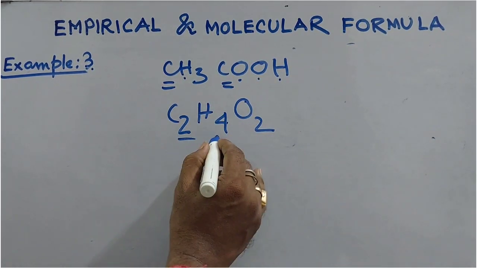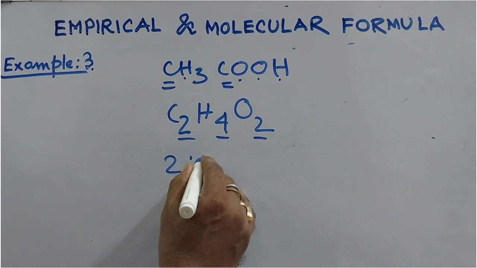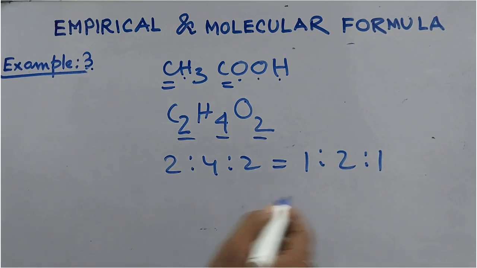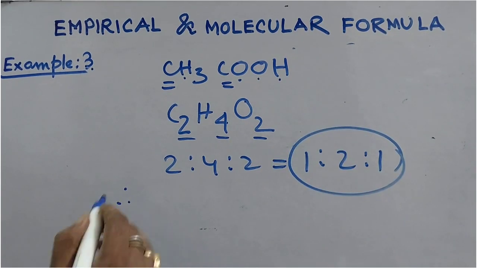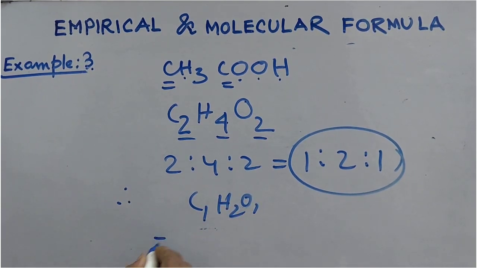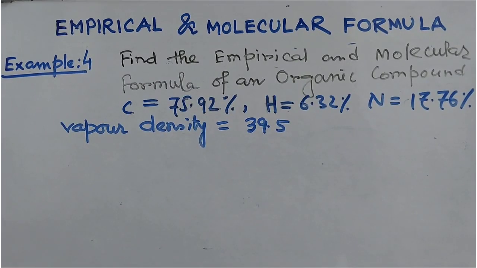Now, this 2, 4 and 2 simplest whole number ratio is 1 to 2 to 1. Therefore, the empirical formula of that compound is C1H2O1, or we can write CH2O.